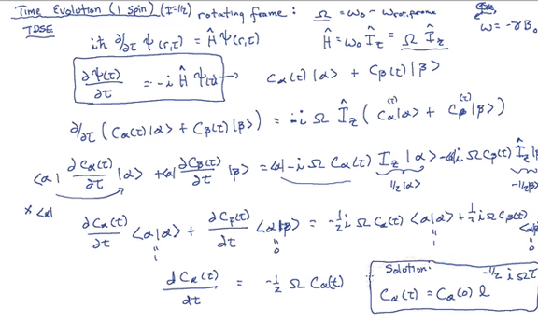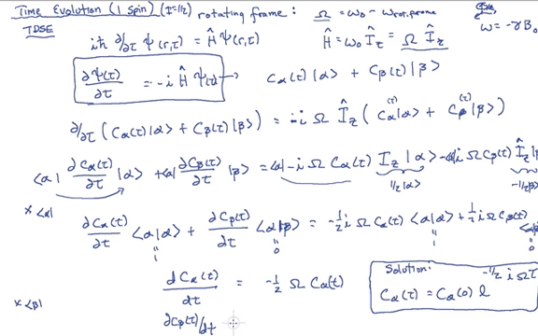Okay, now again, you could do the same thing up above, but multiply by the complex conjugate of beta, and you would get the beta term here.